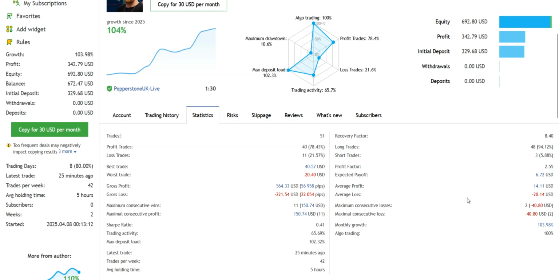The averages are also kind of the same, but we have an almost 80% win rate, which makes sense. With this average profit and average loss, it clearly has an edge over the market, put together with the best trade being 2 times the worst trade.